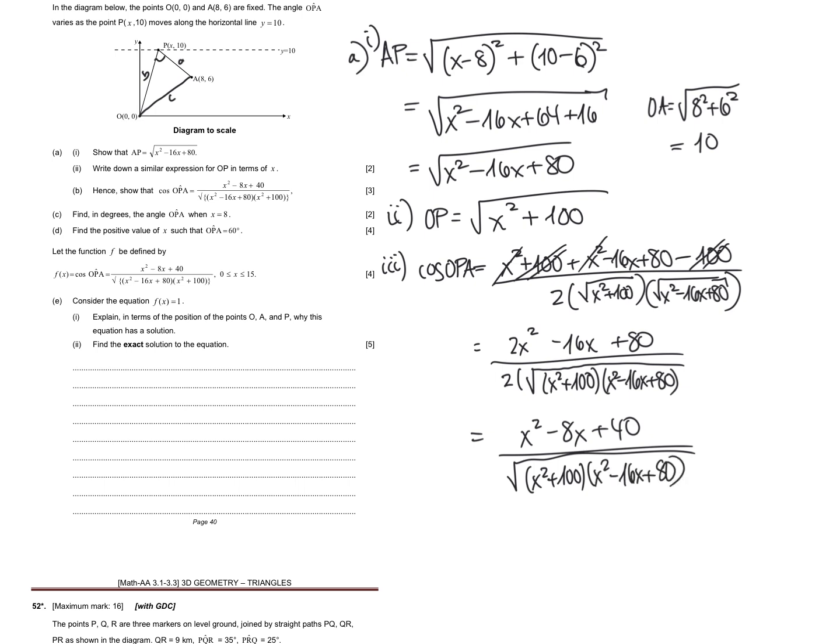So now find, in degrees, the angle OPA when x equals 8. So cosine OPA. All right, so if x is 8, we've got 64 minus 64, so just 40, over square root of 8 squared plus 100, which is 164, times this, which is 8 squared, so 64.